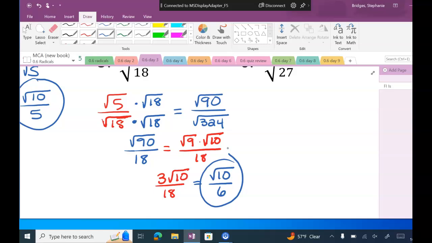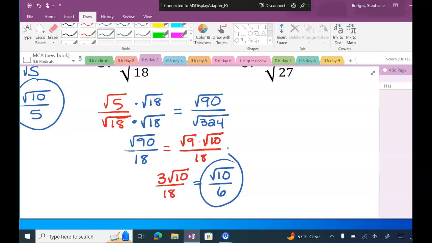So I'm going to start again with the square root of 5 over the square root of 18. A couple of us recognized that 18, although it is not a perfect square, has a perfect square in it. So some people say, well, let me simplify that first so I'm not dealing with such large numbers.